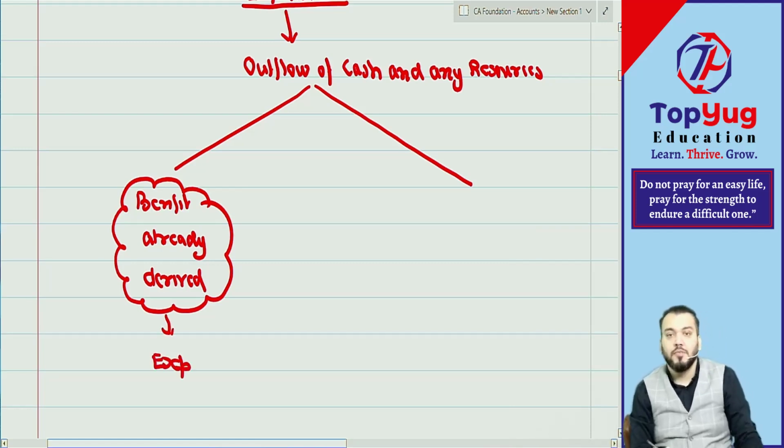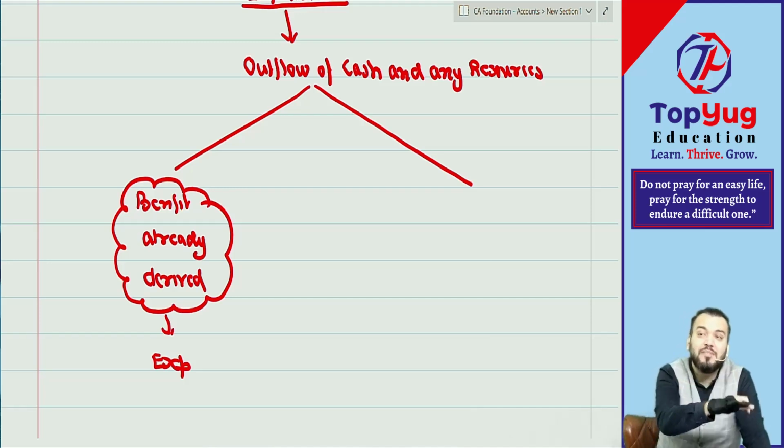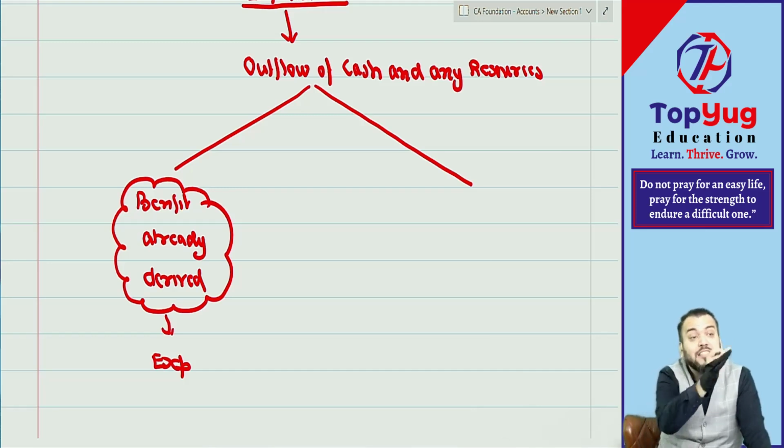For example, I have paid some amount to my employee. Just try to understand. That is an expenditure, an outflow. Now, the employee has already provided me the services.